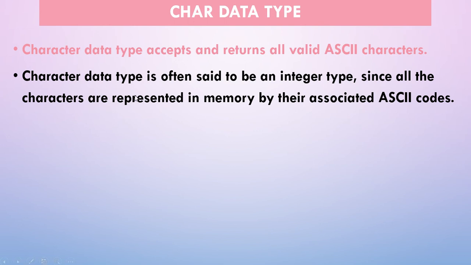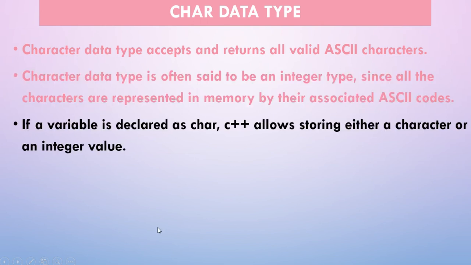The character data type is often said to be an integer type since all the characters are represented in memory by their associated ASCII codes. ASCII codes are all integer numbers, so each character has an integer number, and that integer number is what gets stored in our memory. That integer, 65, is stored as a binary value.